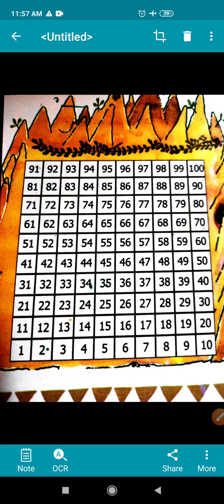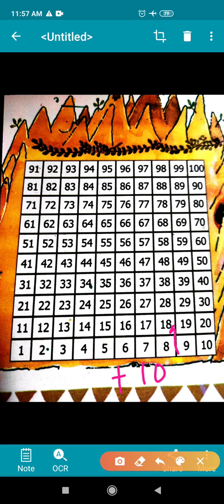So children, you have to remember 4 points. First point is, when you move up, means when you are going from 8 to 18, you will add 10.